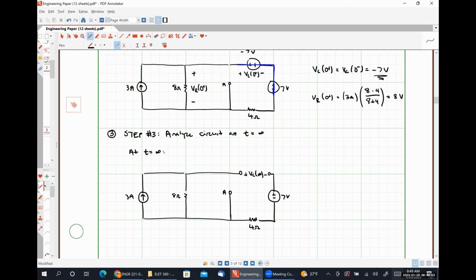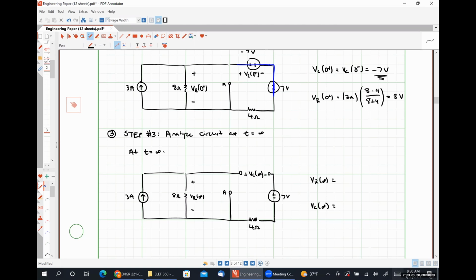And then here is our terminal A. Okay. This is the voltage drop VR at infinity. And we need to figure out VR at infinity and VC at infinity. So anybody have any thoughts?